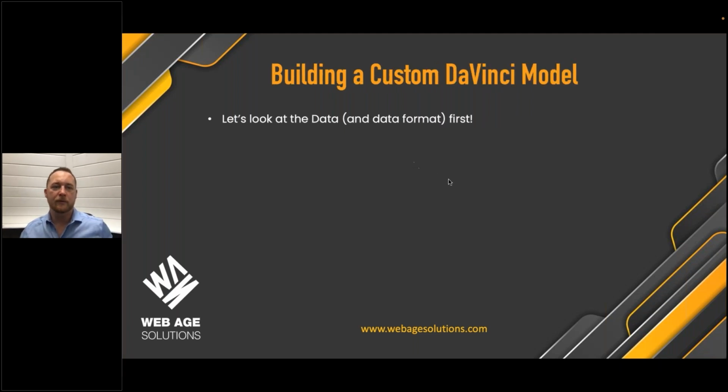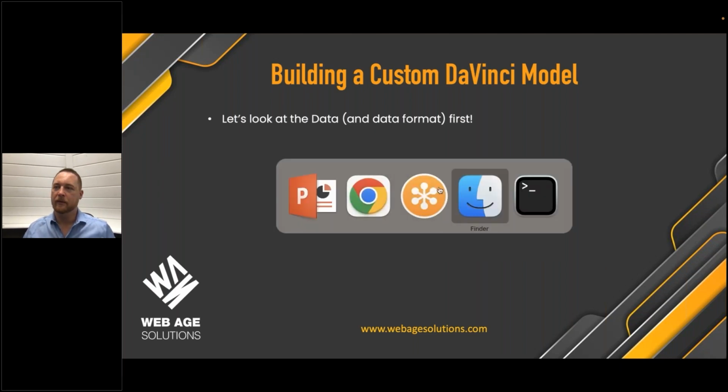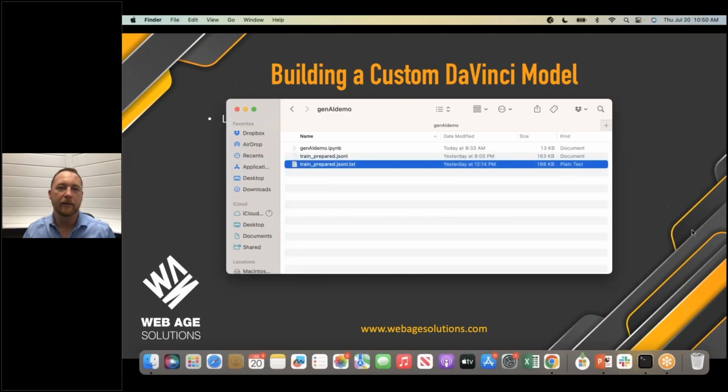And so first we're going to take a look at the data that we're going to use. For fine-tuning a model, we will essentially have question and answer style data, essentially prompt and response.